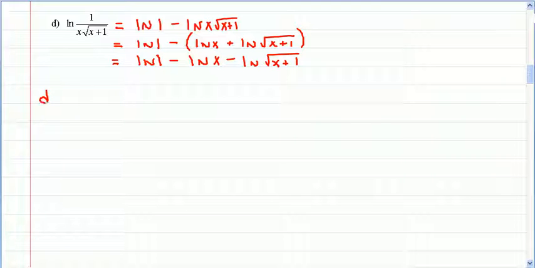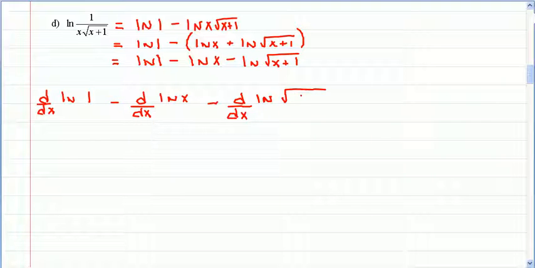So I want to take the derivative of the ln of 1, and then I want to subtract from that the derivative of the ln of x, and then subtract the derivative of the ln of the square root of x plus 1.